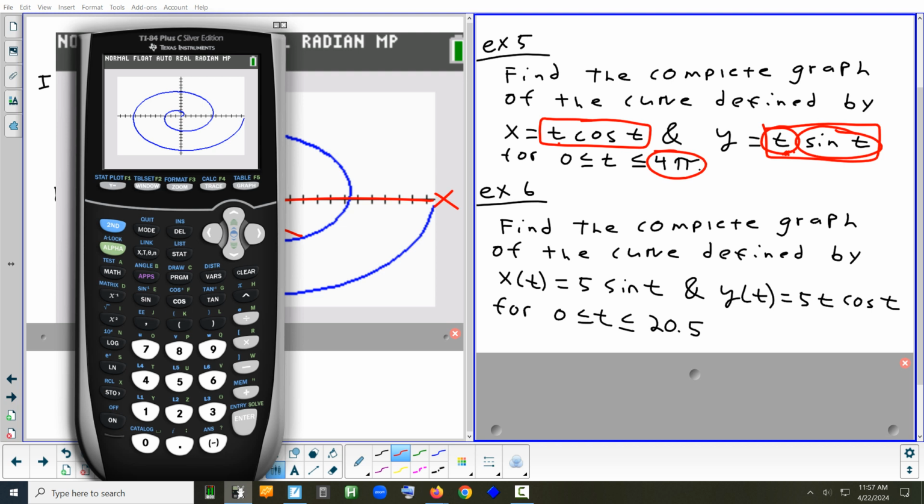Let's just type them in and see what happens. Okay, so we got 5 sine t and 5t cosine t. And it says, what's my t min in this case? Yeah, that's fine. What's my t max? Okay, 20.5. So I'm just going to hit graph and see what it looks like.